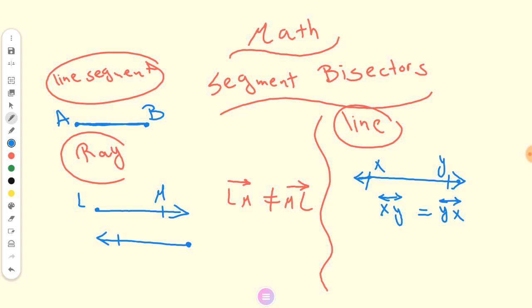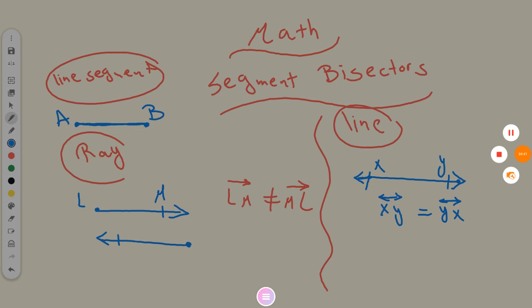Only the line segment can I measure. The line segment is a part of a line, and the ray is also a part of the line. That's the difference between line segment, ray, and straight line.